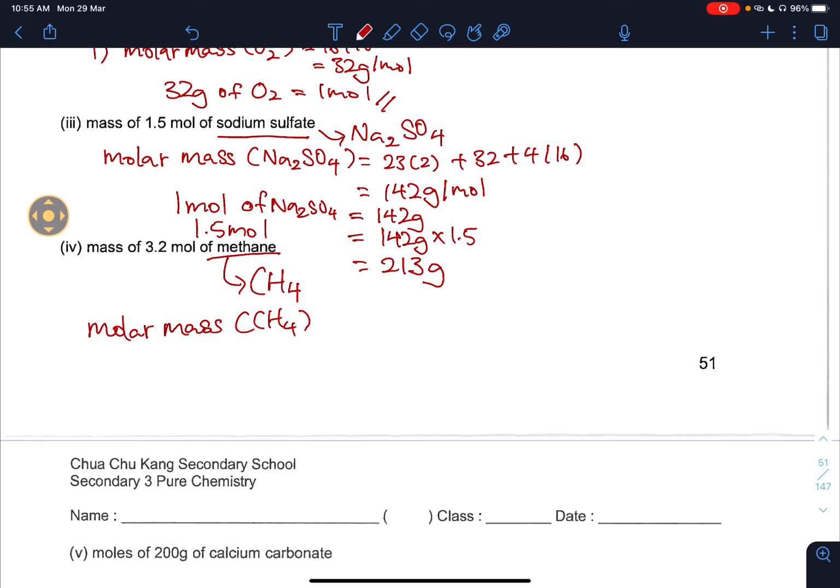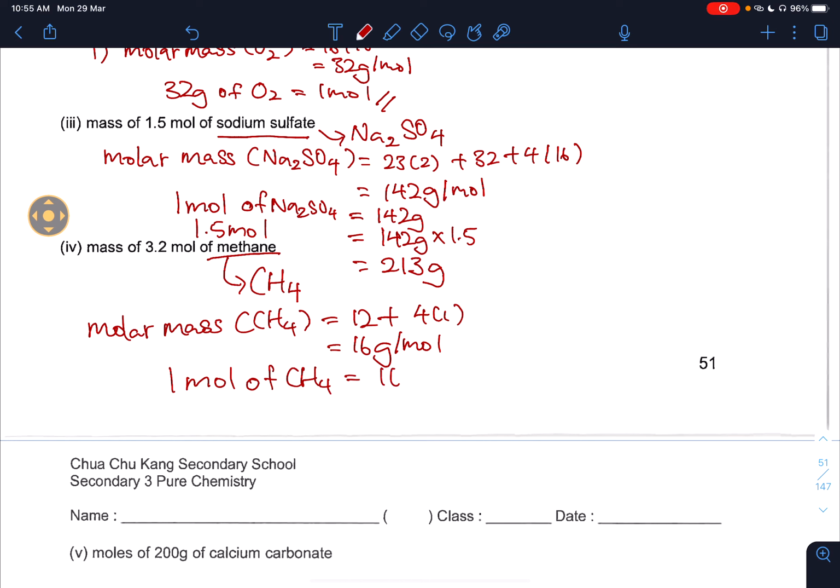The molar mass of methane equals 12 from the periodic table plus 4 times 1 because I have 4 hydrogens. So it's 16 grams per mole. What does 16 grams per mole mean? It means that 1 mole of methane is equivalent to 16 grams.